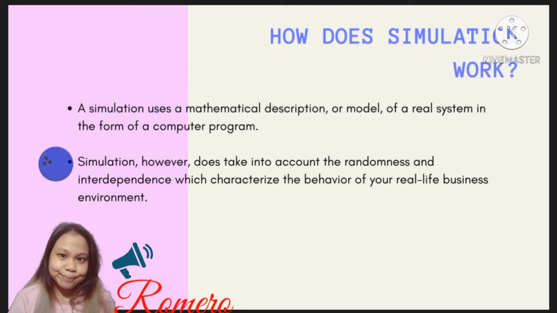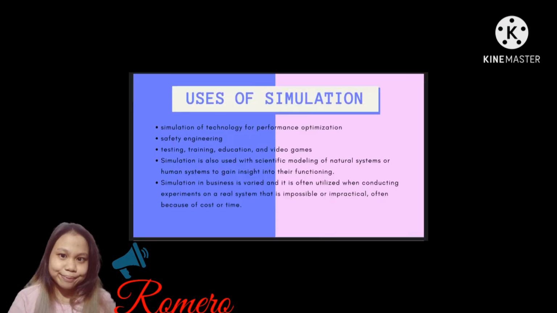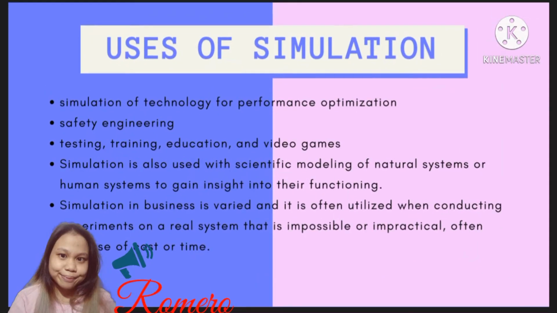Simulation offers a powerful, evidence-based approach to decision-making by using a virtual representation to test the impact of process changes and what-if scenarios. You can find an approach that delivers the best results. Simulation is used in many contexts, such as simulation of technology for performance optimization, safety engineering, testing, training, education, and video games.